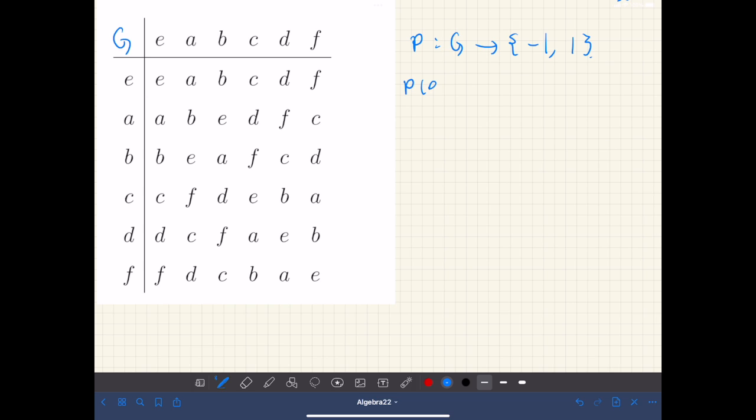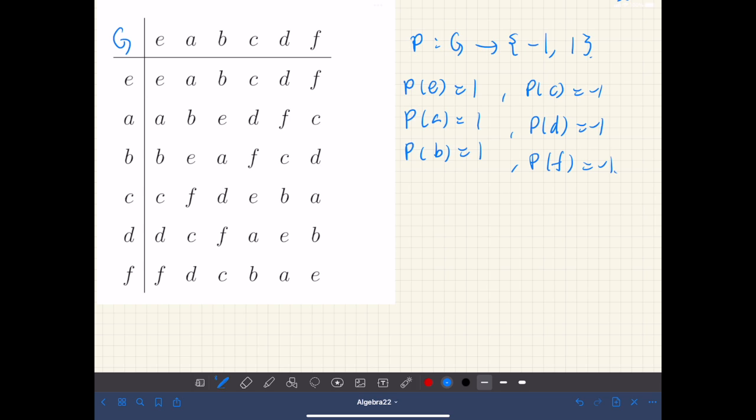So P of E is 1, P of A is 1, P of B is 1. And P of C is -1, and P of D is -1, and P of F is -1.